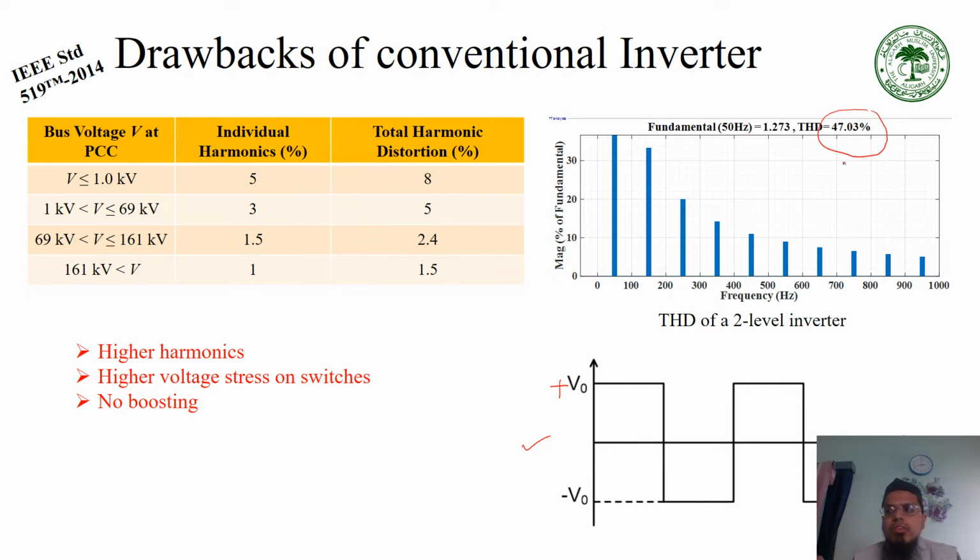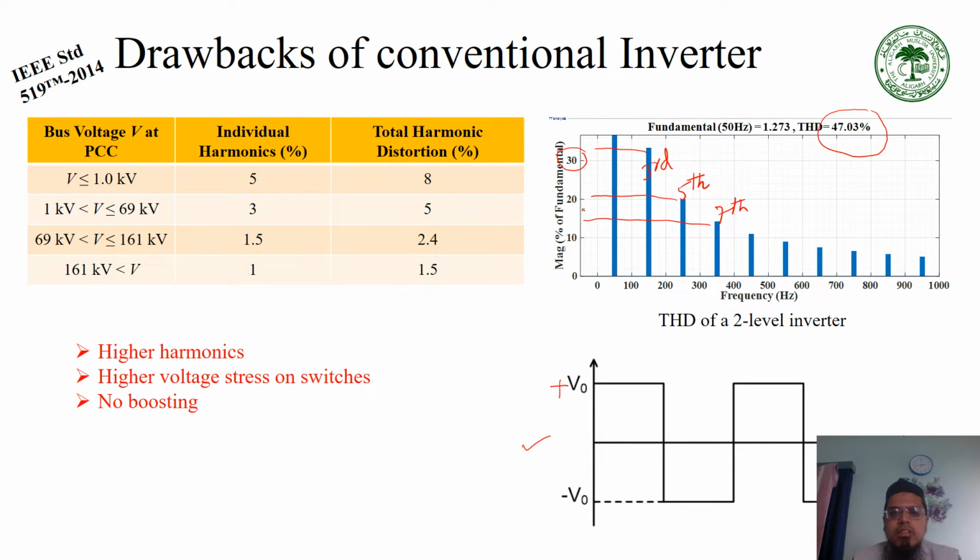It is around 47.03%, and the third, fifth, and similarly seventh harmonic are quite high in the output voltage waveform. You could see here that in case of two-level inverter, the third harmonic is more than 30%, the fifth harmonic is around 20%, the seventh harmonic is around 15%.